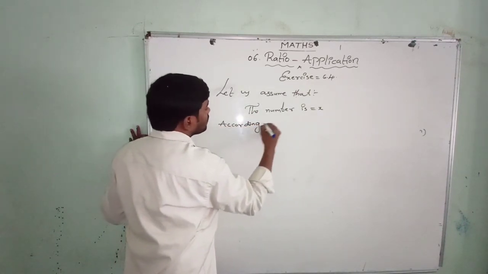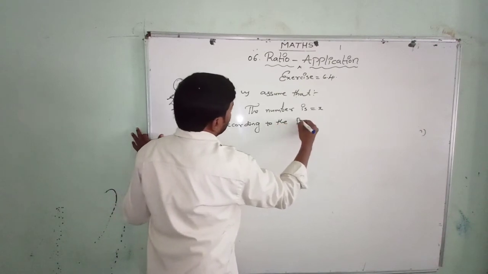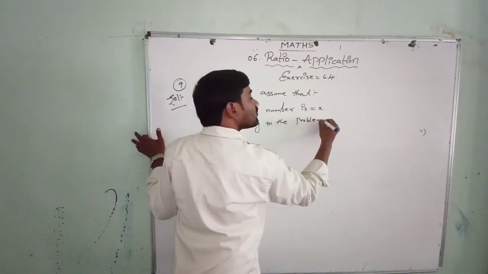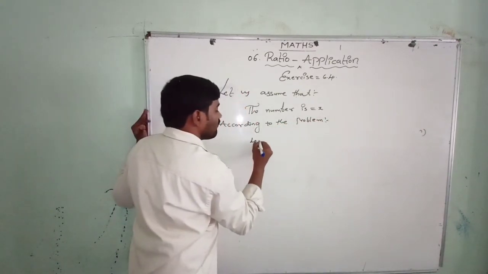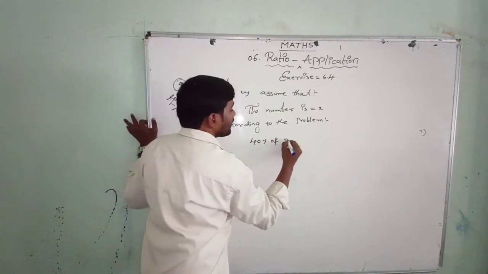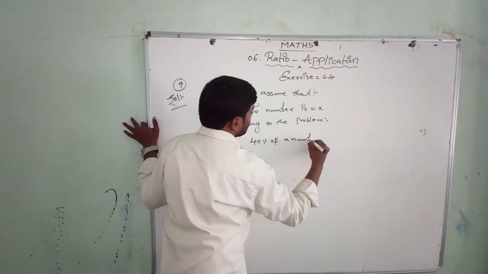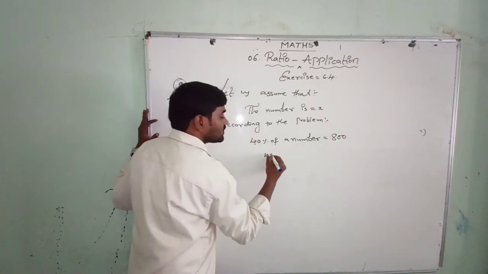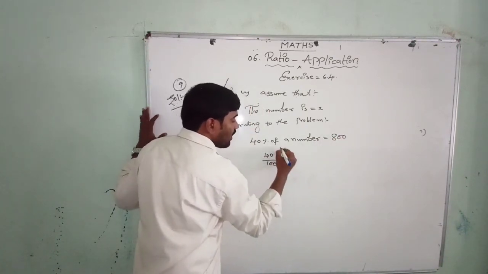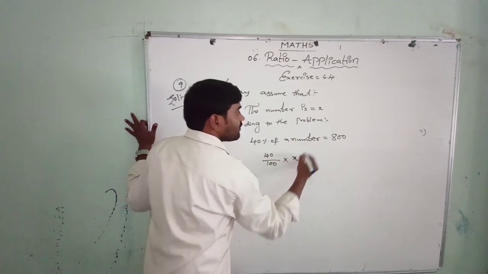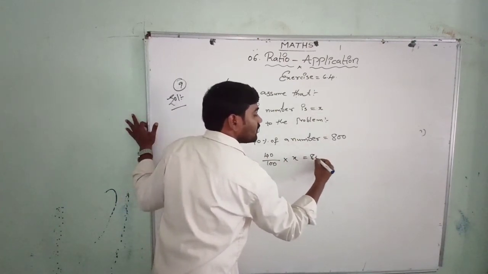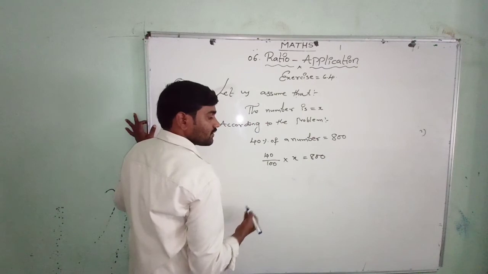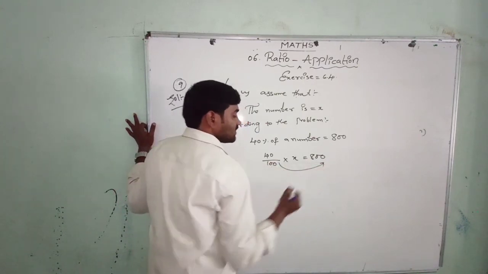According to the problem, he said that 40% of a number is equal to 800. 40% can be written as 40 by 100 into the number, which we assumed as x, that is equal to 800. This 40 by 100 will transfer to this side.